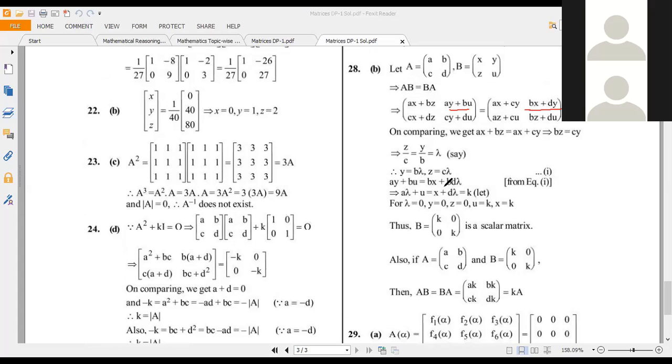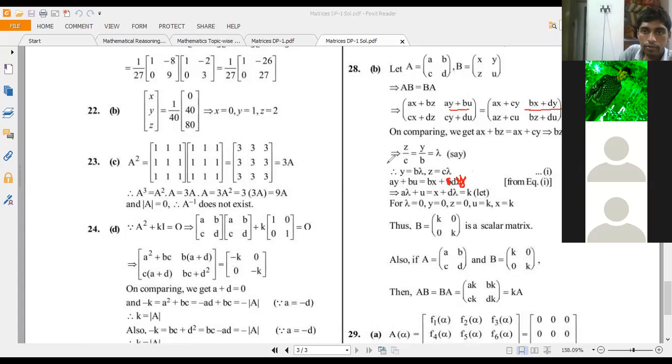Directly here actually this is dy. Somehow you missed out. So ay plus bu equal to bx plus dy. Clear? Sir, yes. That y we are writing as b lambda. And then you're cancelling b on both sides. Then you get this. And again, he's assuming that as some k.